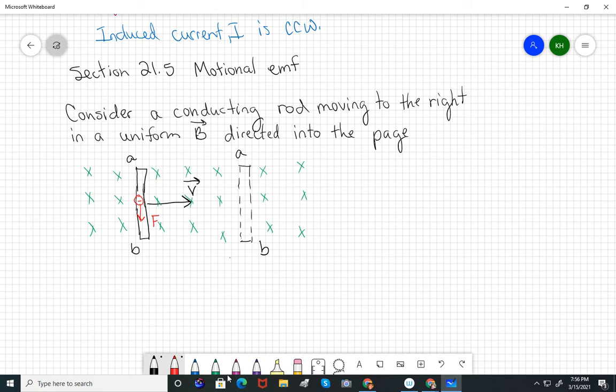And so after a minute or two, this end will be negatively charged. As a result of these missing charges, this end will become positively charged.